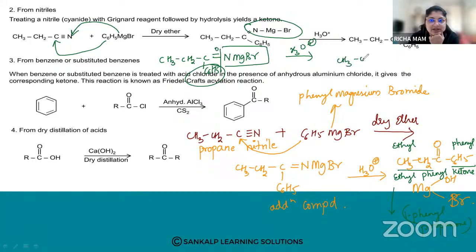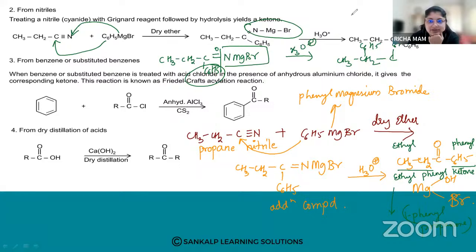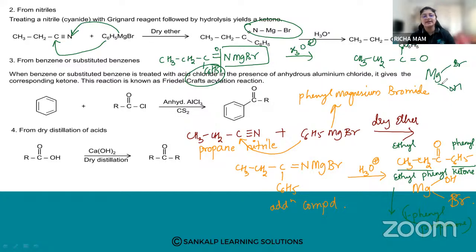So CH3 CH2 C, C6H5, and C double bond O. So this is our ketone, and Mg, Br and OH is the side product which is obtained when you are reacting with the Grignard reagent.